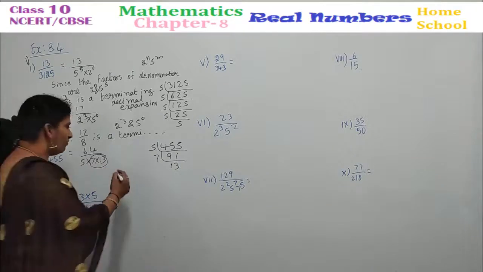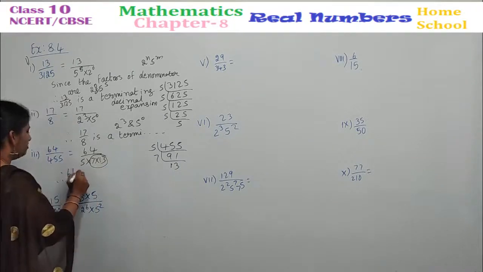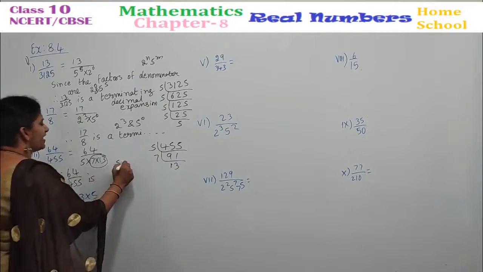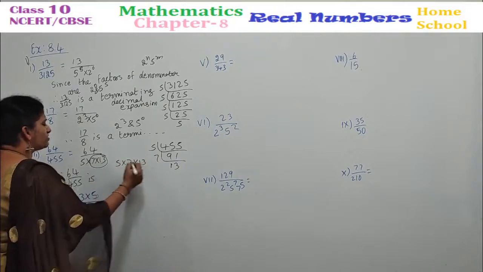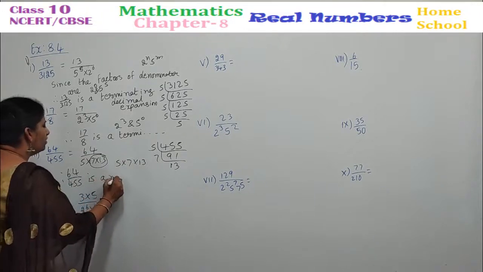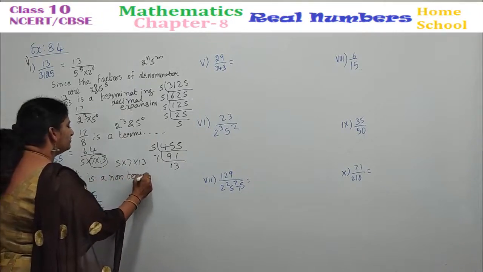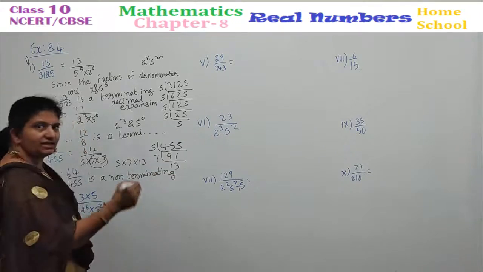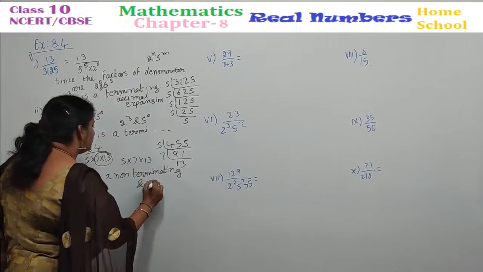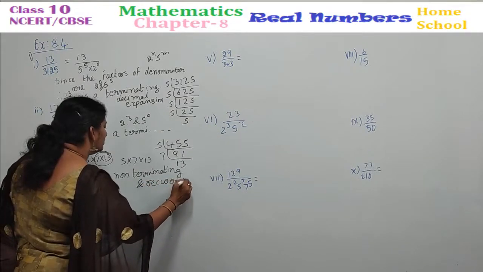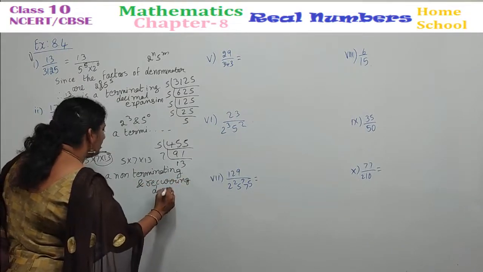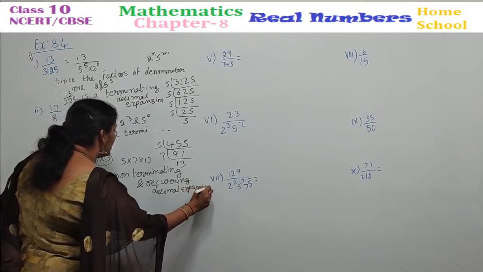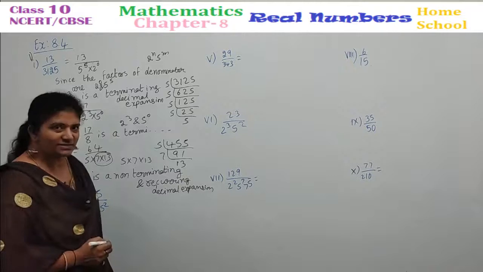Other than that there, what I can say? Therefore, 64 by 455, the factors are 5, 7, 13. You can write this all. Is a non-terminating. So, your decimal expansion, you can guess that it is a non-terminating and recurring decimal expansion. You are going to get non-terminating and recurring decimal expansion.